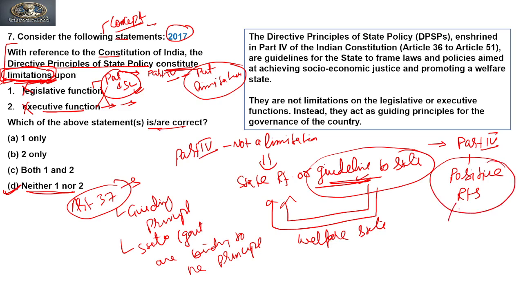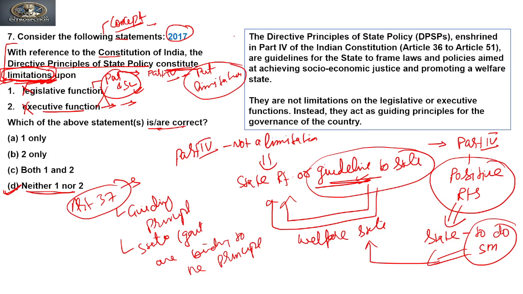because it is allowing the state, it is empowering the state to do something, to make the provisions for the welfare state. Is it clear?